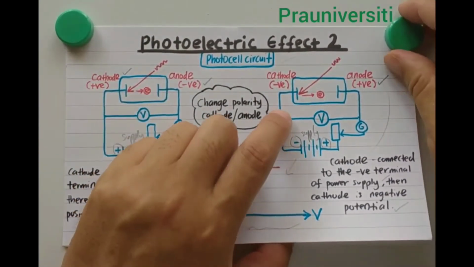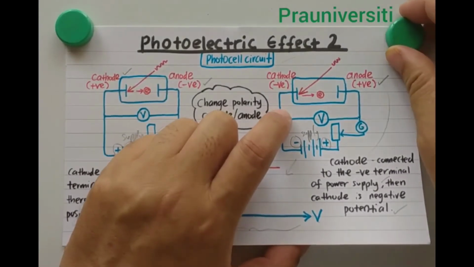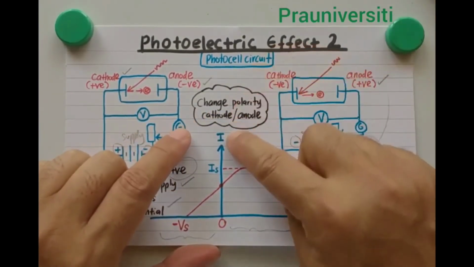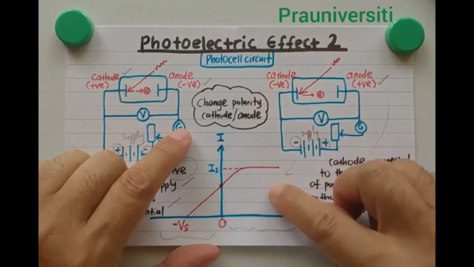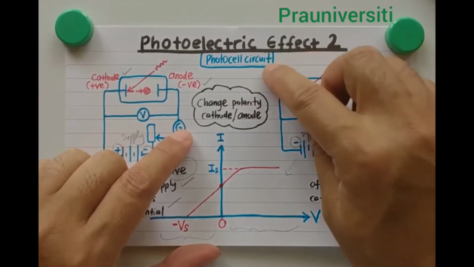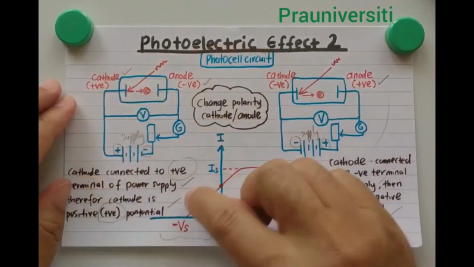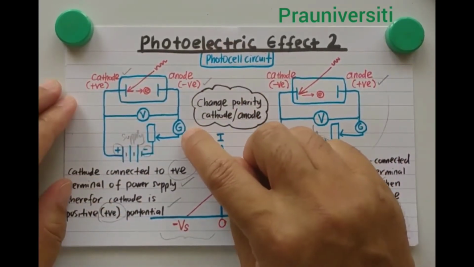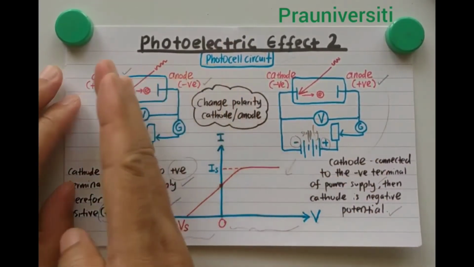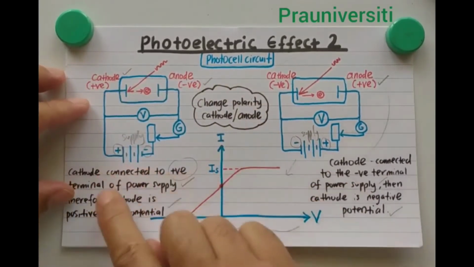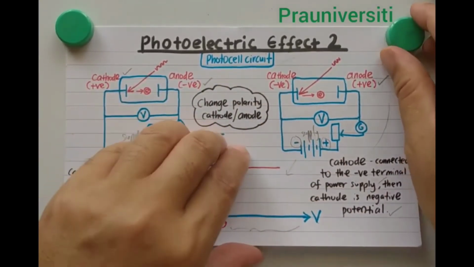Before I forget, I explained this in the last chapter, so today I need to explain this photo circuit to understand this side of the graph.